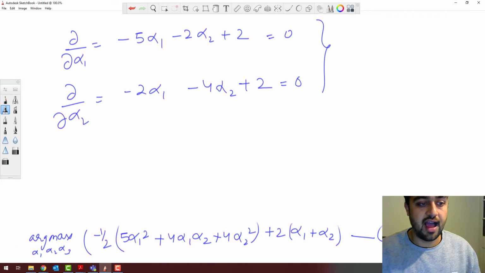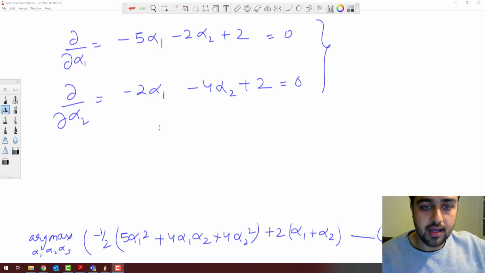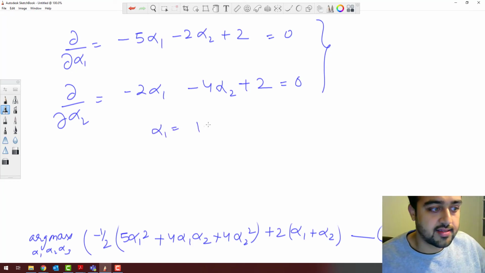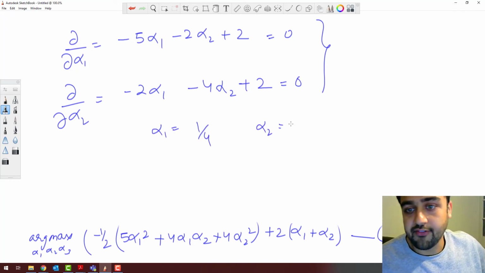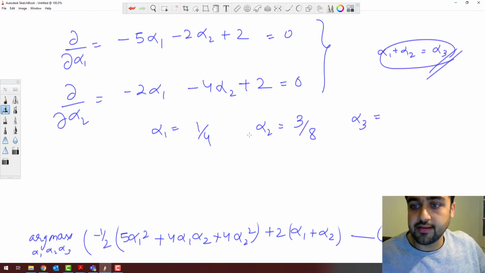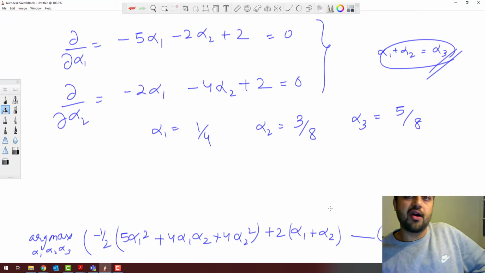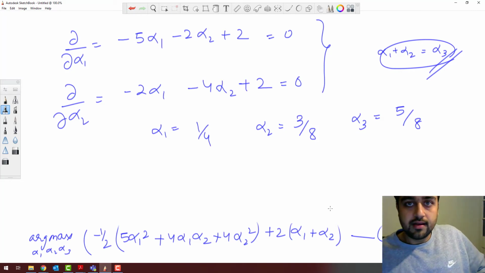And we solve for alpha 1 and alpha 2, right? Hence solving these two equations, we get alpha 1 as 1 by 4 and alpha 2 as 3 by 8, right? And we know that alpha 1 plus alpha 2 is equal to alpha 3, right? So this gives us alpha 3 equal to 5 by 8, right? So now we have found our values of alphas, right?